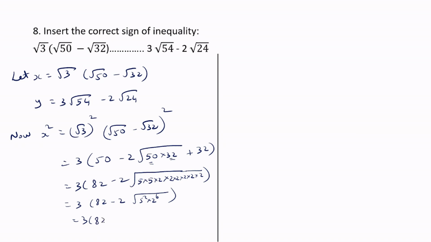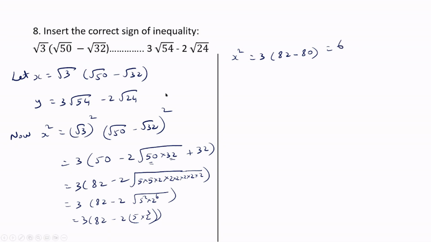So it becomes root 5 square is 5 and root 2 raised to 6 is 2 cube. So we have x square as 3 into 82 minus, here it is 8 into 5 is 40, into 2 is 80. So this is 6.